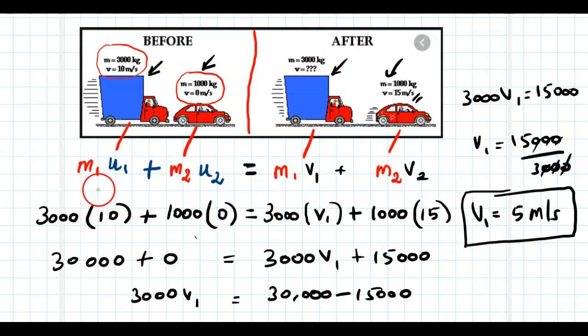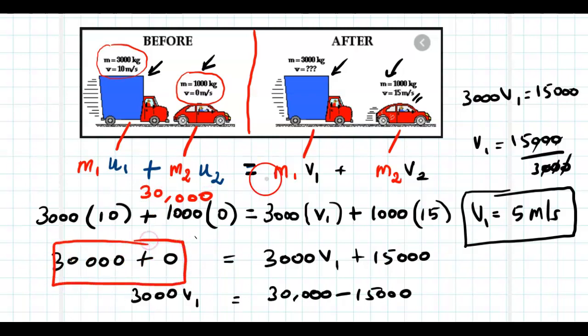On this side, how much value before collision? The total momentum, 30,000. Before collision 30,000 is equal to, here 3,000 multiplied by 5 is equal to 15,000, plus the car's momentum after collision, which is also 15,000.